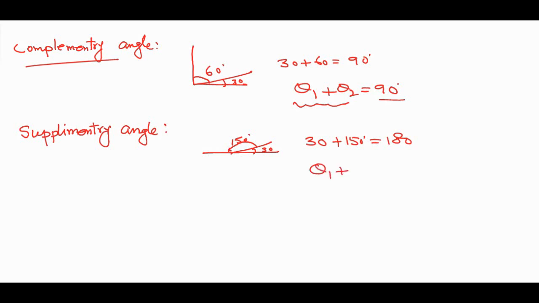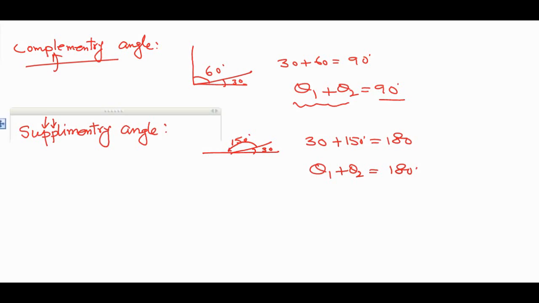When theta 1 plus theta 2 is 180 degrees, then we can say they are supplementary angles. Okay. So here is 1p, here is 2p. 1p means 1 perpendicular, that means 90 degrees. 2p means 2 perpendicular, that means 180 degrees.